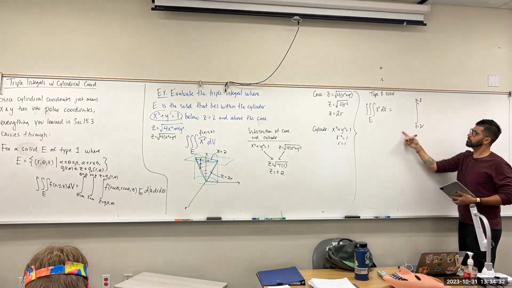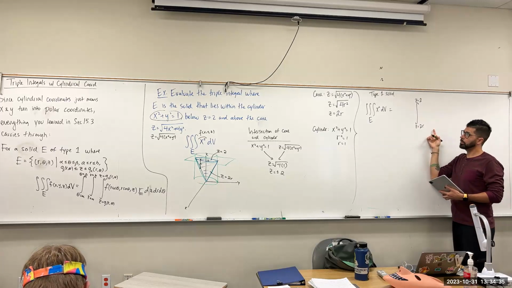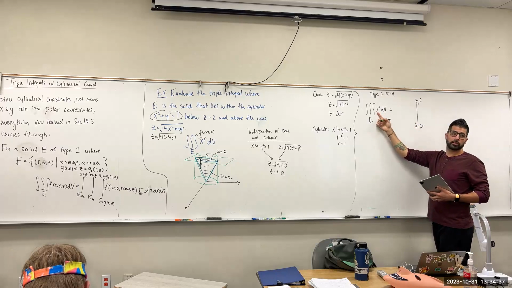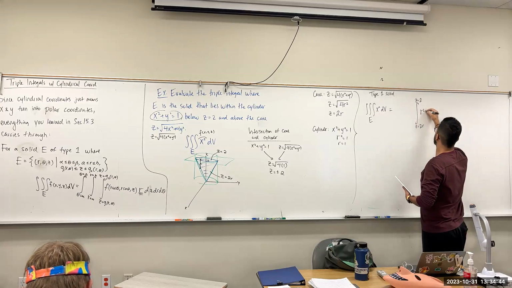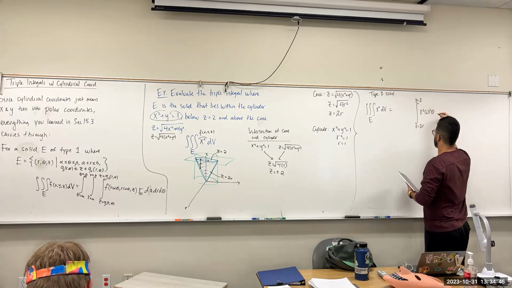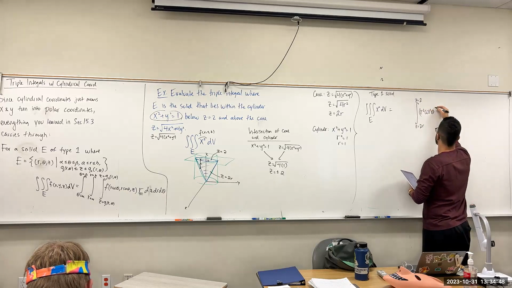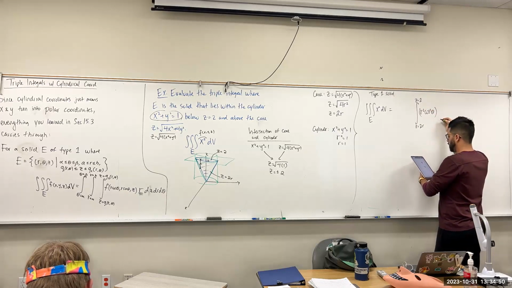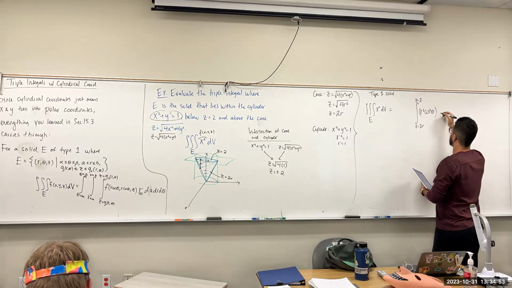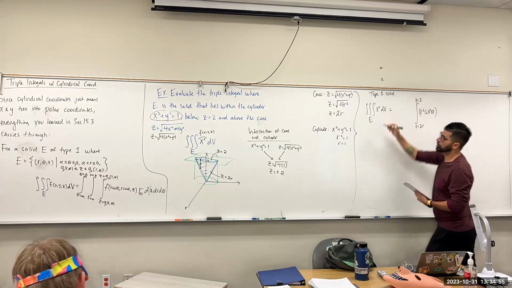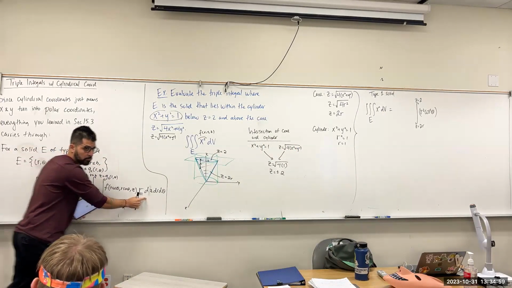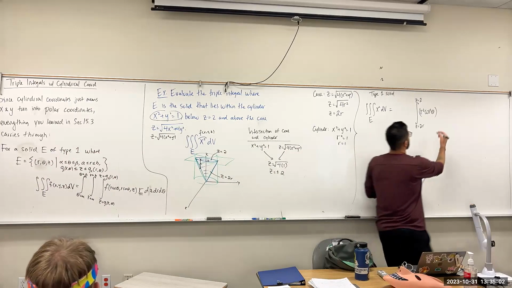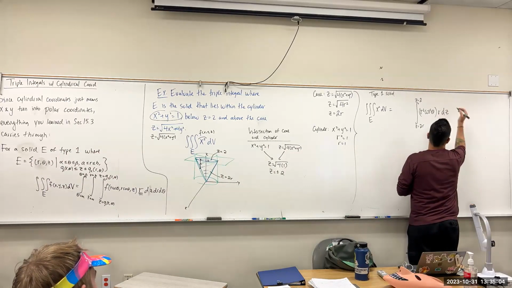I'm trying to do this in cylindrical coordinates. What does x squared in cylindrical become? It's r cosine, but you're squaring that, so it becomes r squared cosine squared, right? I'm turning to cylindrical, so what happens to the dV? That r pops out. And I'm bounding z.